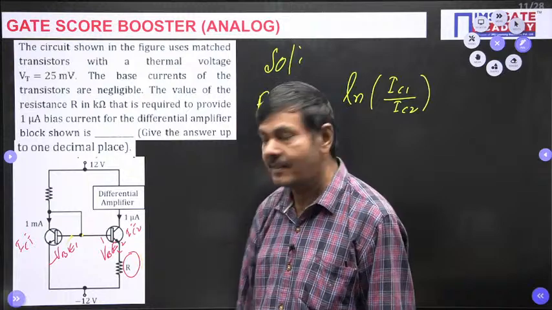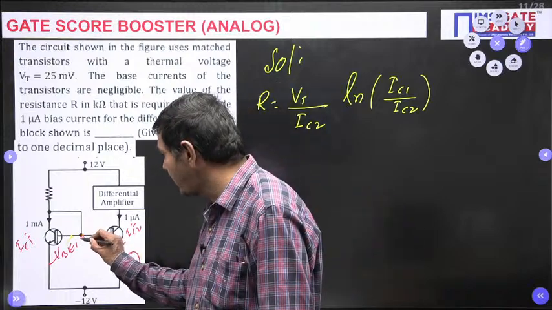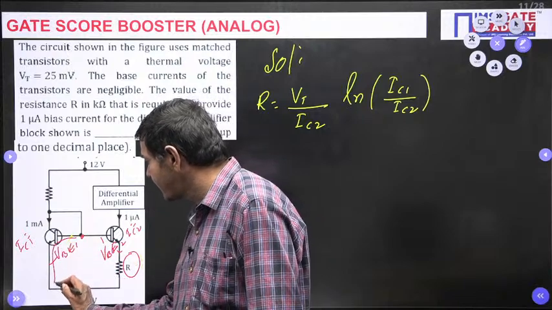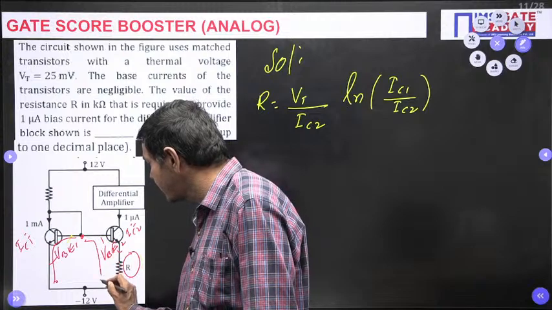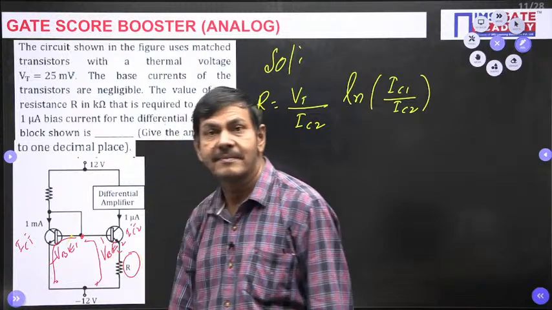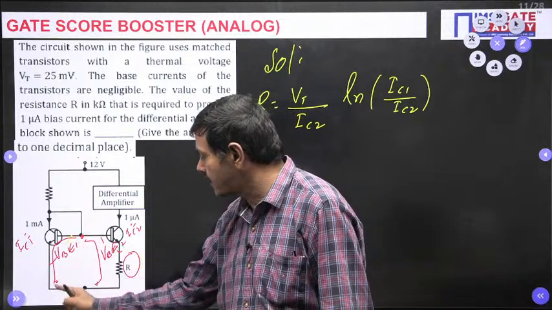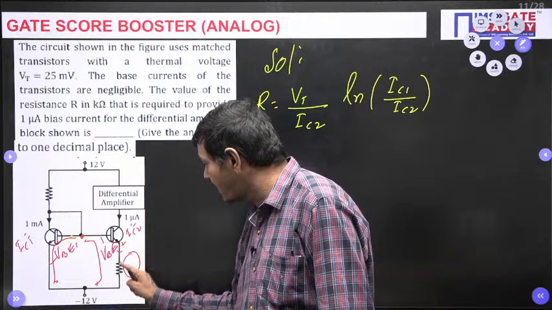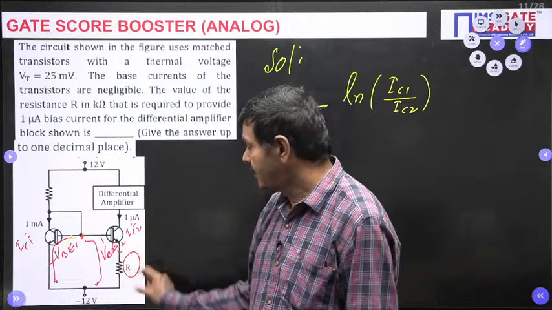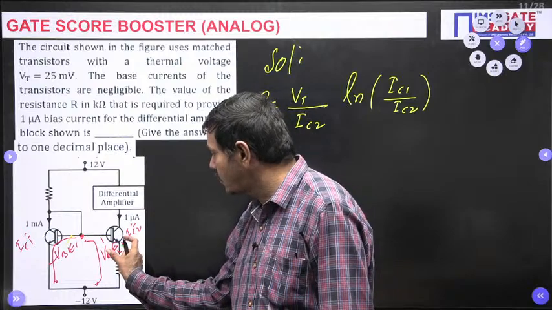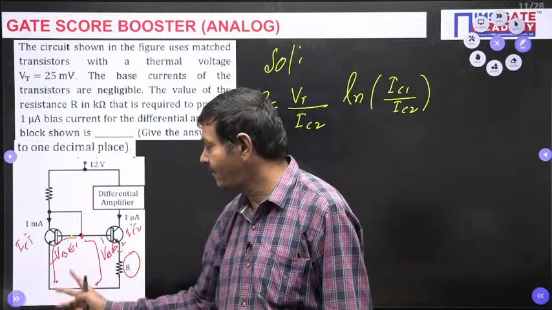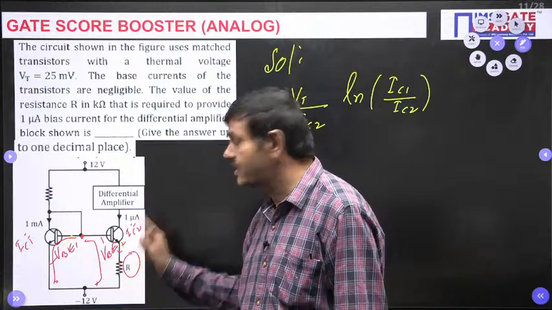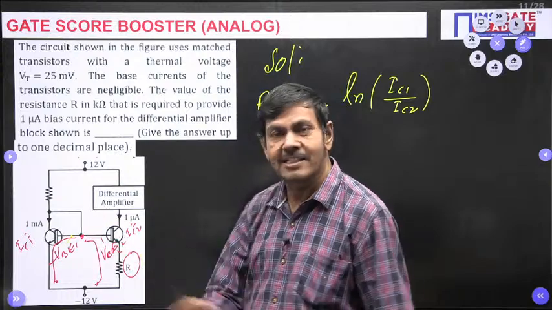These two are in parallel. When KVL is applied, VBE2 plus the drop across the resistance equals VBE1. So VBE1 equals VBE2 plus the drop across R. The analysis is made using that.